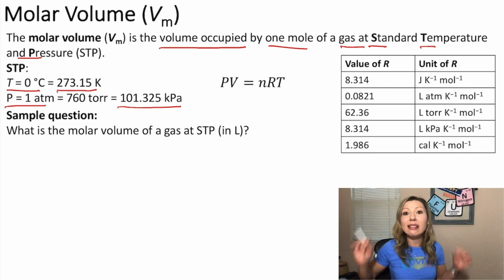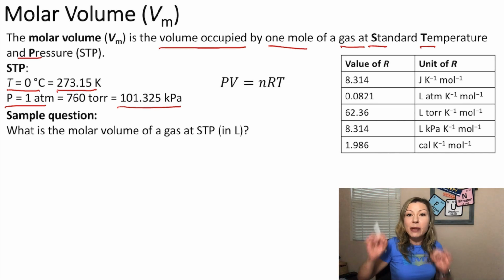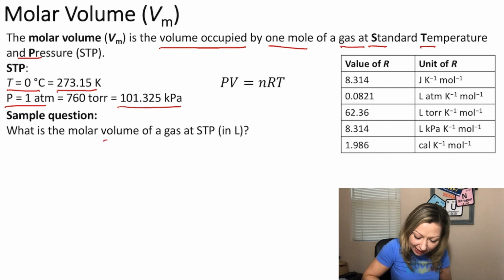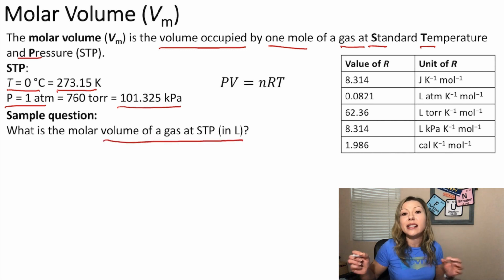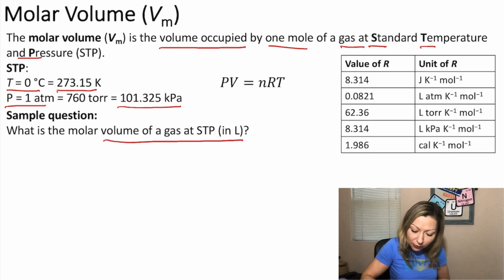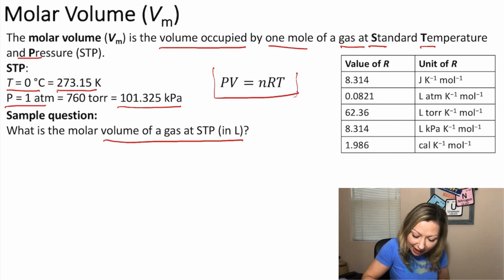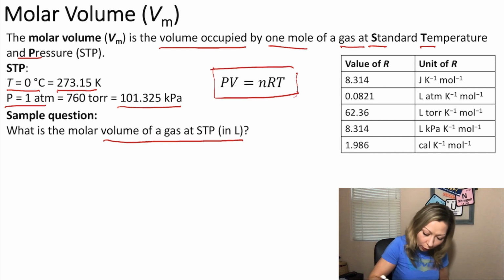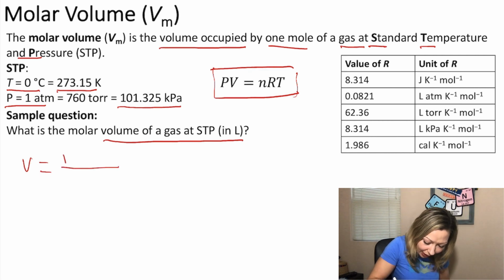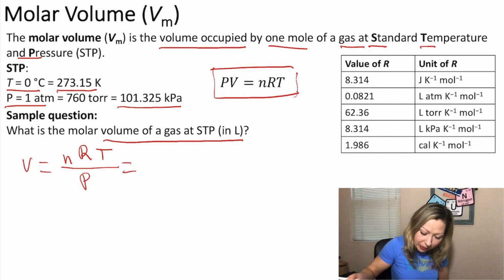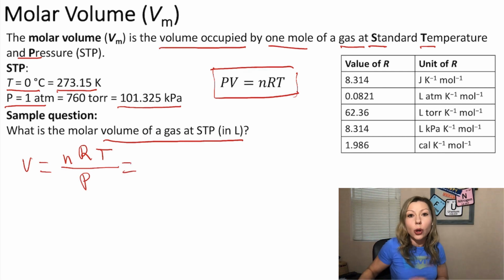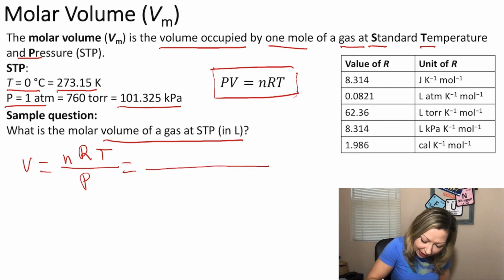So now, let's calculate the molar volume at STP for an ideal gas in liters. First of all, we have to take the ideal gas equation and solve for the volume. So the volume equals nRT divided by P. Because this is the molar volume, we are going to have 1 mole of the ideal gas, so I'm going to add 1 mole here.